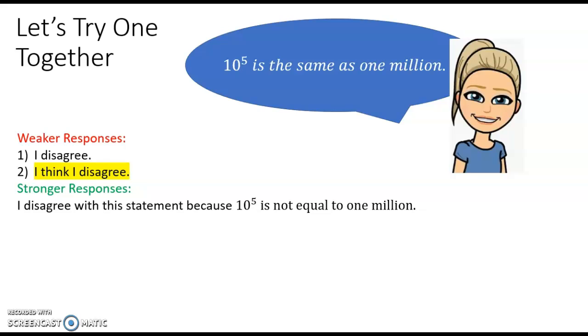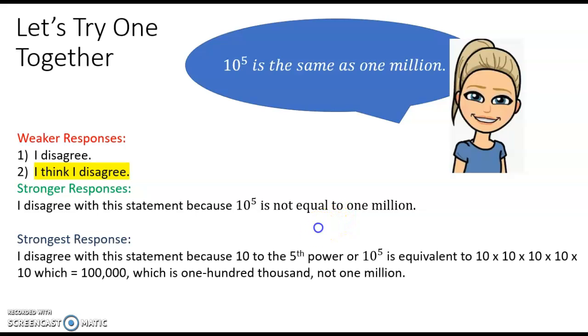It tells us that they disagree and they tell us why, but it doesn't have any further explanation or vocabulary like we're about to see in the strongest 5th grade response. Here it is.